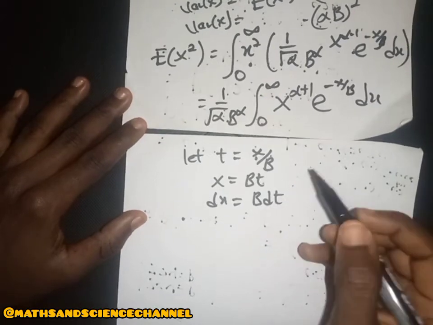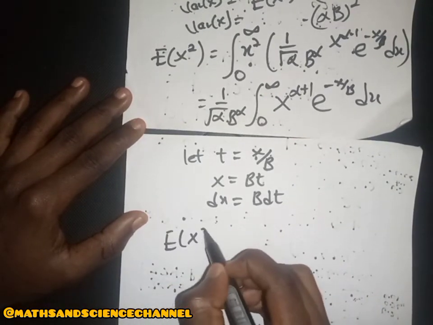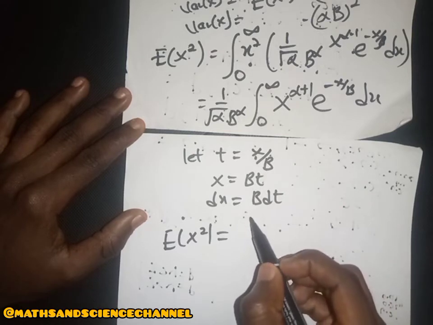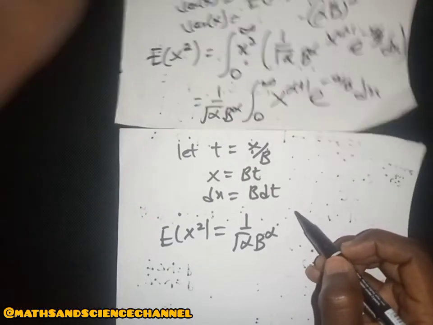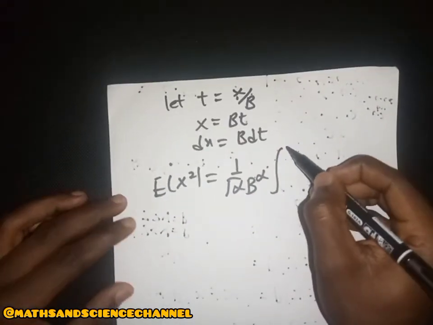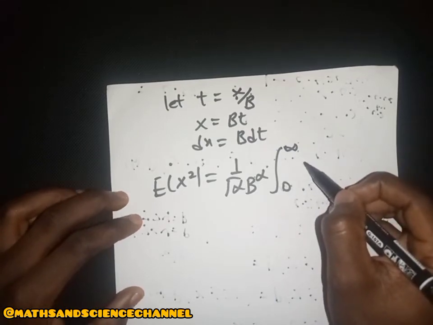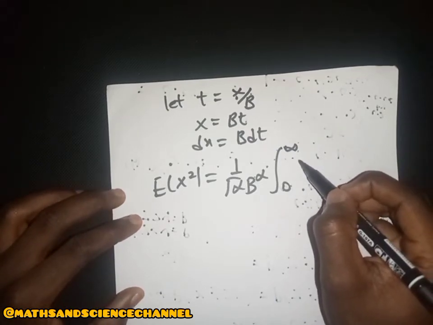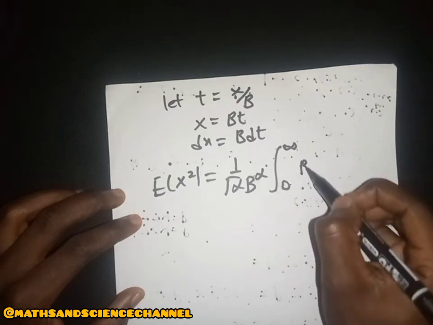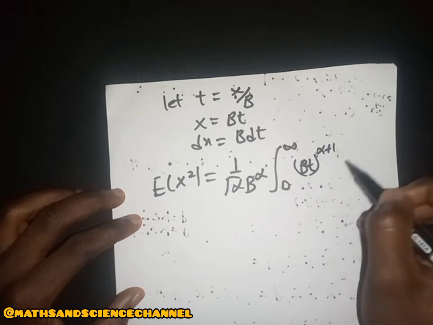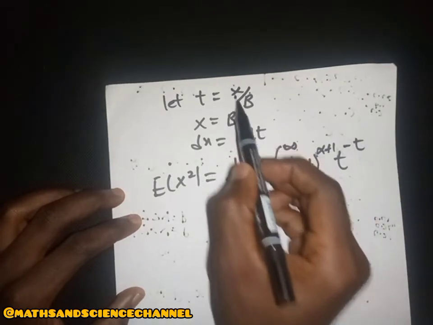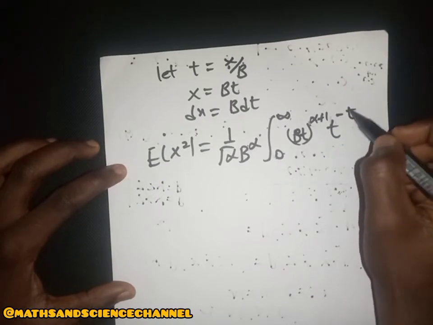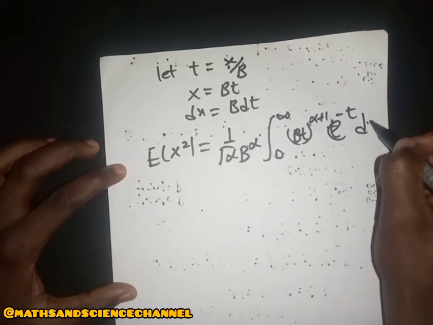So if that is the case, replacing all of that, then e of that squared here will be equal to 1 over the gamma of alpha beta to the power alpha, and then we have the integral from 0 to infinity here, and then we realize that this is s to the power alpha plus 1, but s is just beta t to the power alpha plus 1, and then we have e to the power negative t replacing that here, then dt in this case.